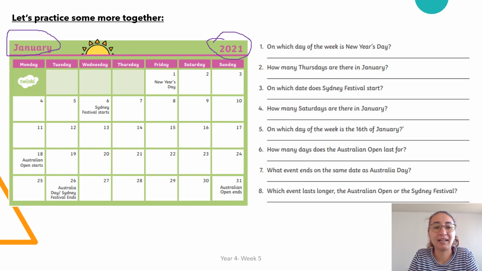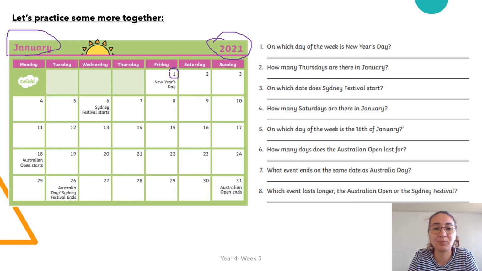When we read a calendar, you read it across, but you start from the first day of the month. It will not always be on a Monday. So you look, and I can see that the first day of the month is actually on a Friday. So here, New Year's Day.